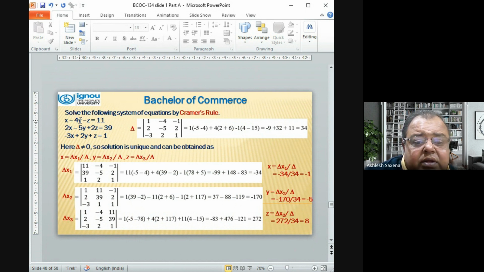It is 19. 19 minus 8 is how much? 19 minus 8 is 11. That means this answer is correct. Whatever we have calculated is correct.